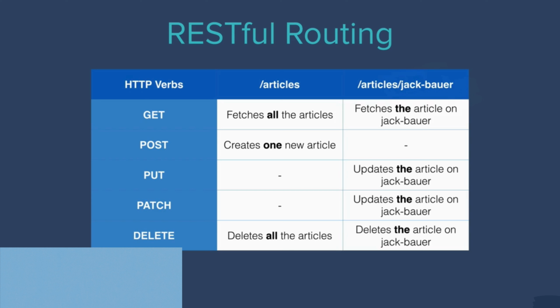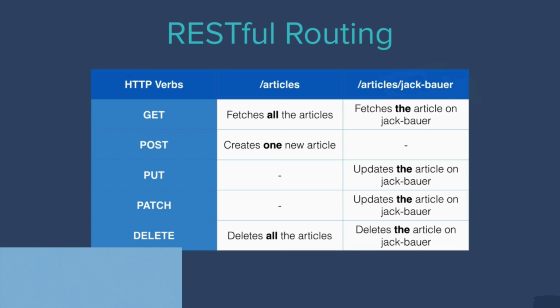So for example, if our API was the Wikipedia API, and in our database we had a whole bunch of articles. Now, the route for /articles applies to all of the articles. If we created a route for articles, then when a client makes a GET request to /articles, it should fetch all of the articles.